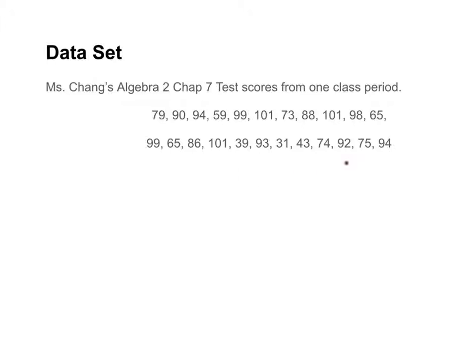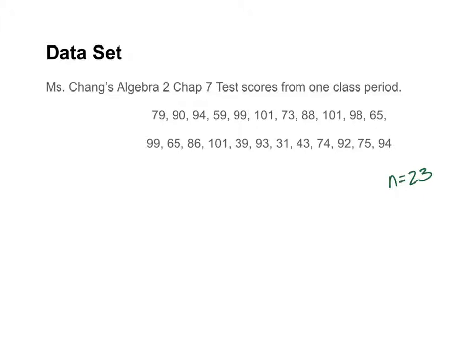So here are the test scores. There are, I believe, 23 test scores here. So just keep that in mind. We're going to need that later to calculate it. So I'm just going to say that there are 23 terms here.